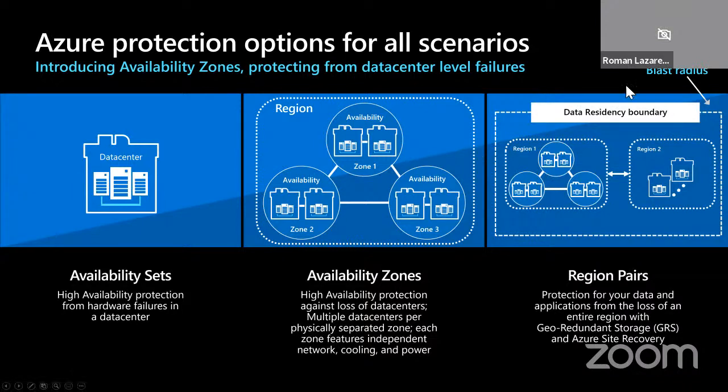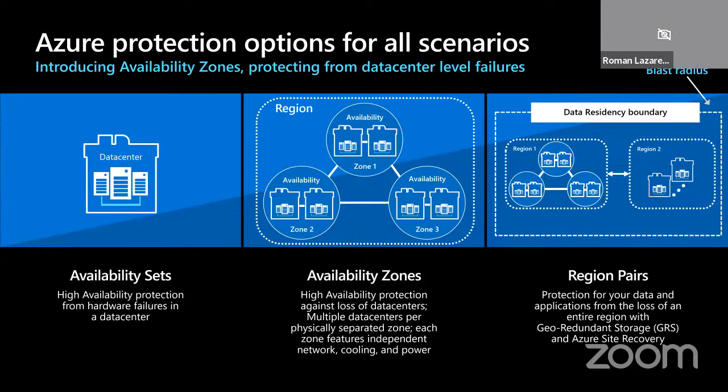When you have enabled replication for your storage, it is given a specific type of storage. The most basic storage is LRS, which is locally redundant storage, where you have 3 copies of your data locally.